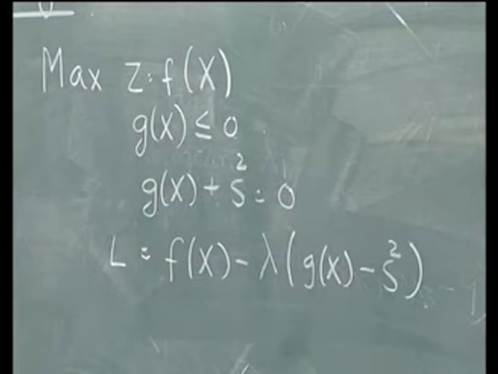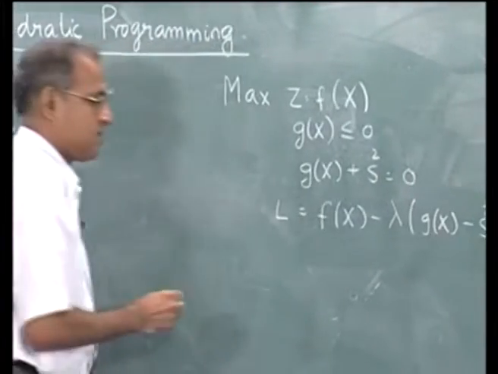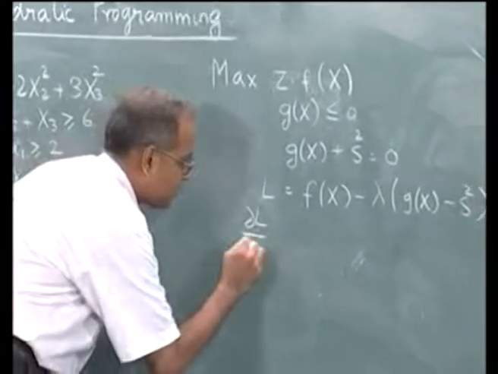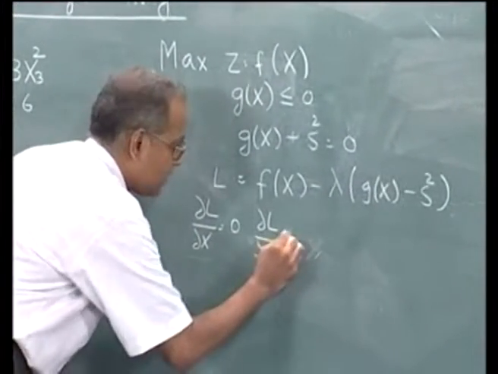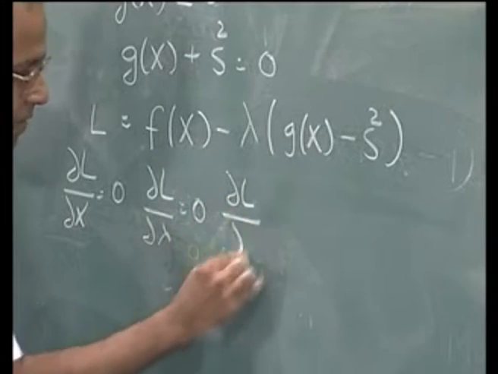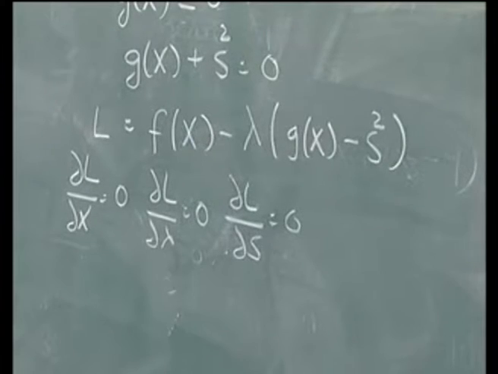This lambda is called the multiplier or a dual variable associated with this. Now, we can apply the principles of optimization to get dou L by dou x equal to 0, dou L by dou lambda equal to 0 and dou L by dou s equal to 0. Now, when we do this, we get this form.